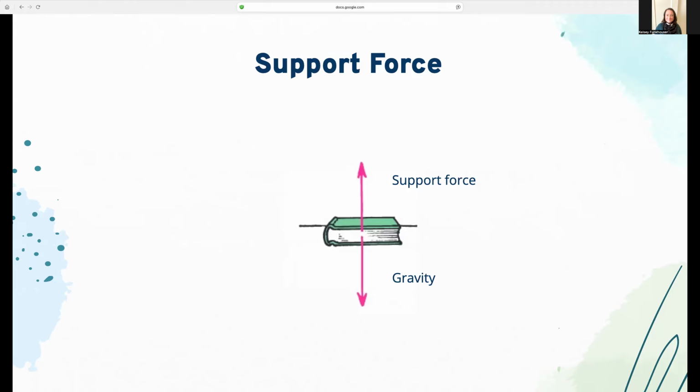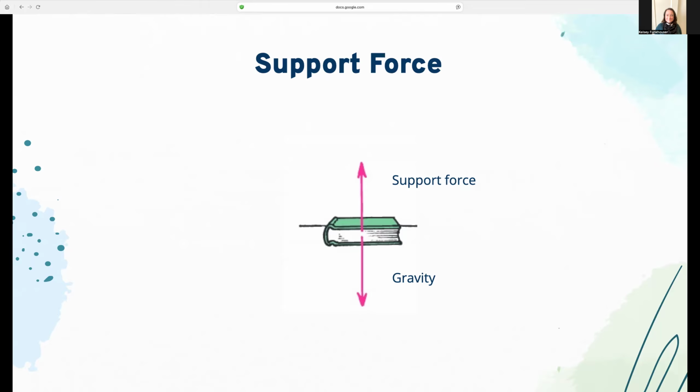A book sitting on a table is in equilibrium. We know that the force of gravity is pulling down on it, but if it is in equilibrium, there must be another force pushing up on it. Otherwise, that net force wouldn't be 0. And if it's on just any kind of surface, that force is called the normal force. And normal means perpendicular, as in we have a horizontal surface, and so our force is vertical, 90 degrees from it, meaning perpendicular.